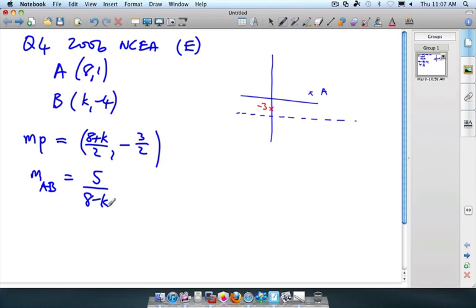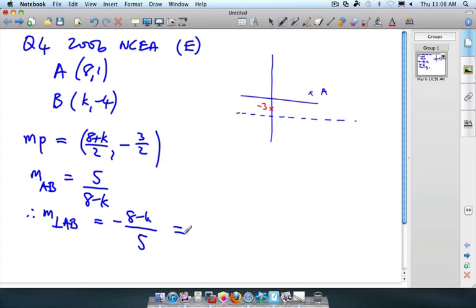Again, we don't know what k is, we don't care at the moment, we just need the gradient. Now, what is the gradient of the perpendicular to that gradient? What's the rule? It's 8 minus k over 5, and we change the sign as well.